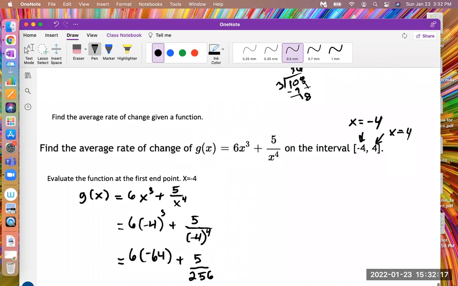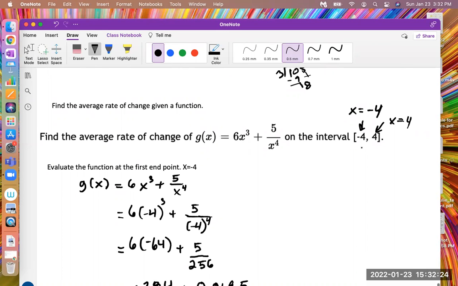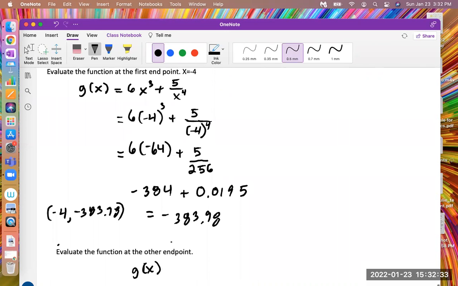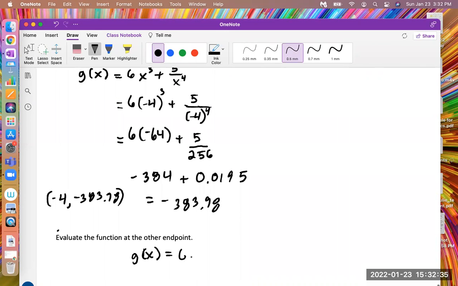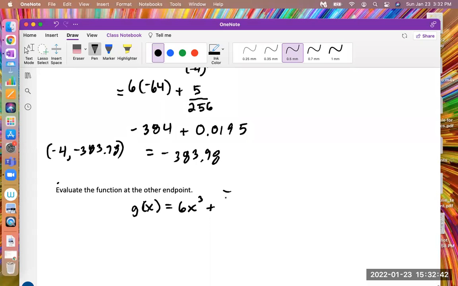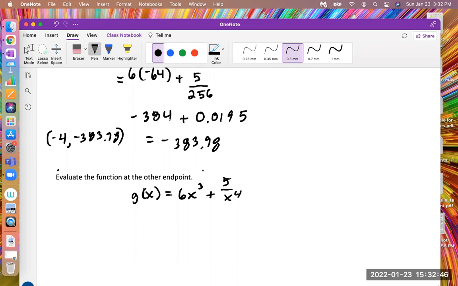I remember as a student, I'd say, oh look, one's negative and one's positive, isn't the answer going to be the same? You can't make assumptions like that, because a lot of the time it's not the same. You try to make shortcuts and sometimes it just blows up in your face. Okay, so x equals 4 is the other endpoint.